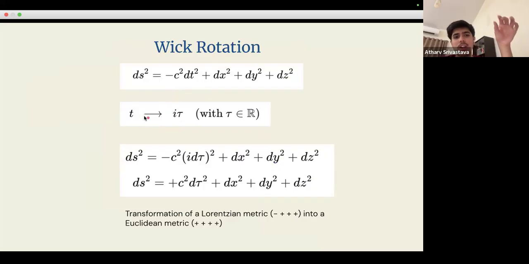You can take t and replace it with i tau. Then if you put it over here, the i squared becomes -1, and so the minus leads to a plus. Thus you've turned a Lorentzian metric into a Euclidean metric, which is quite helpful for various things like quantum field theory, where you have to compute path integrals and such. So that's basically what a Wick rotation is.